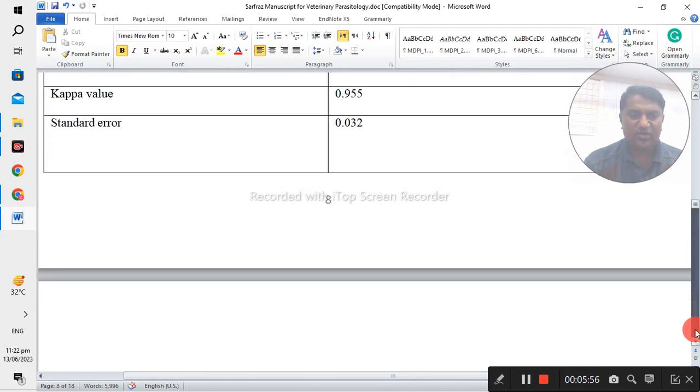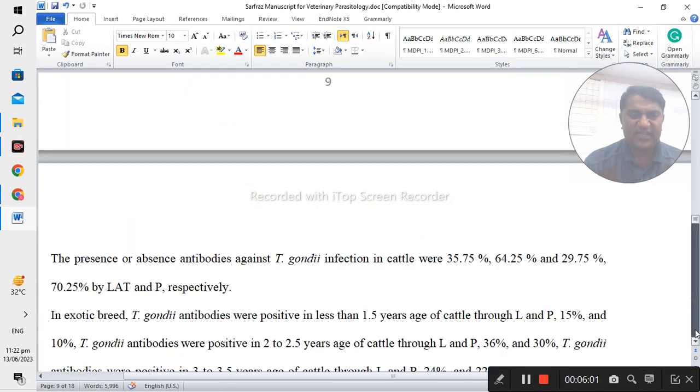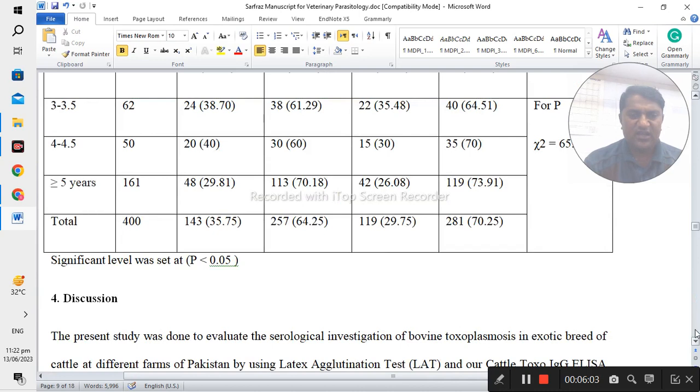After the results comes the discussion, the most important part of the original research paper. It is the comparison of your research with other previous researchers who have done similar work to what you performed in your experiment.